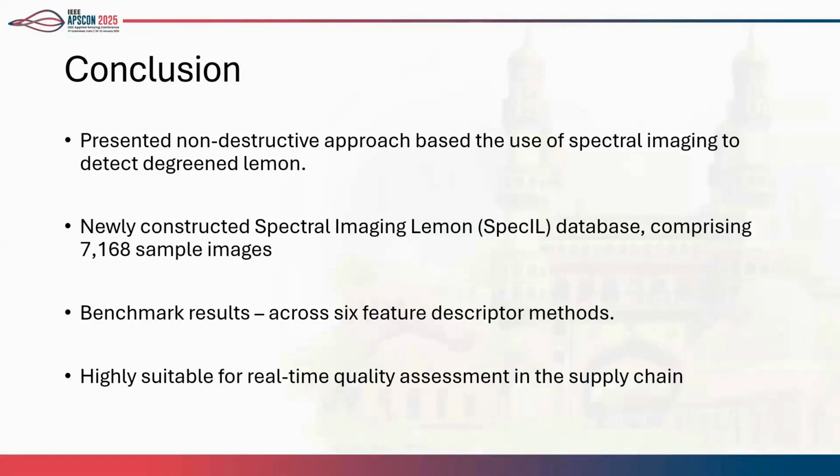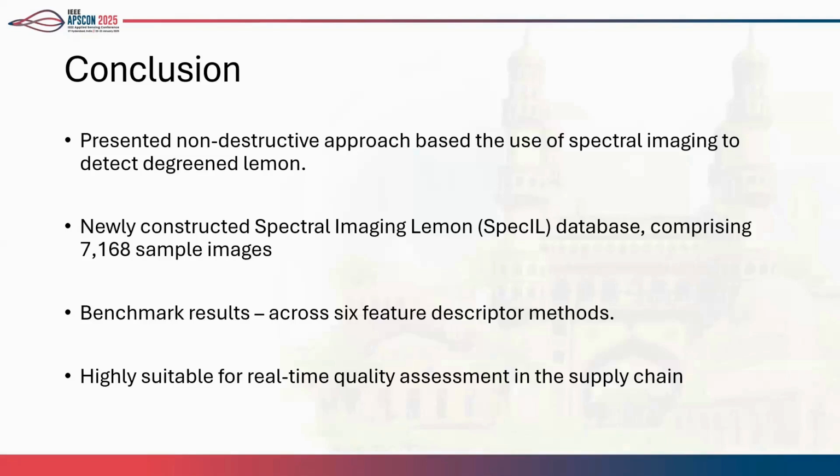It's the first time that the spectral imaging approach has been utilized to detect artificially degreened lemon. We also have a newly constructed spectral imaging lemon data set, comprising 7,168 sample images, which can be used for benchmarking results.